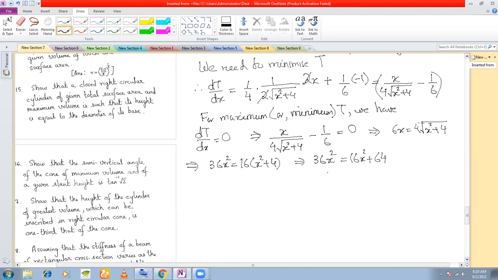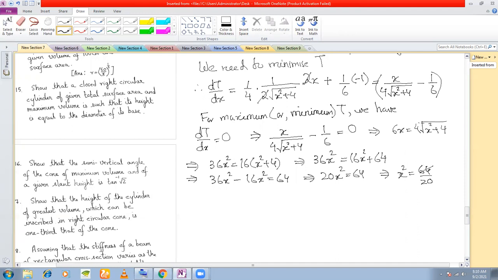Okay. So now you solve for x here. You get 36x square minus 16x square is equal to 64. 20x square is equal to 64. x square is equal to 64 by 20.